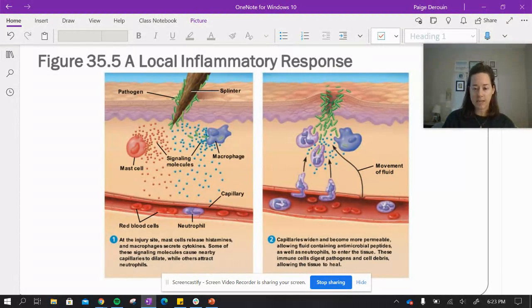And then you can see in the second half of this picture, the neutrophils are able to squeeze through those gaps and enter the tissue where the infection is happening. So they're able to start to digest that pathogen, looks like a bacteria, that is present at the site of the splinter.